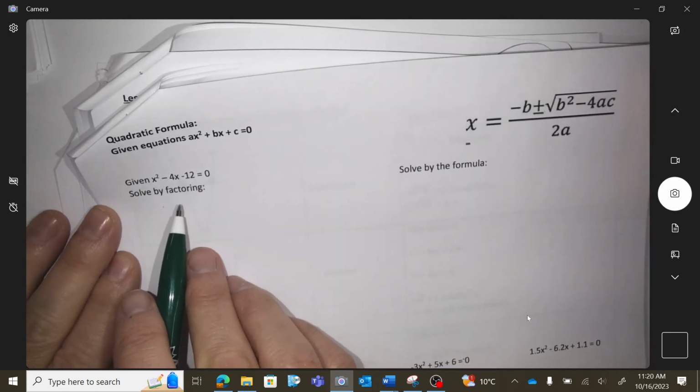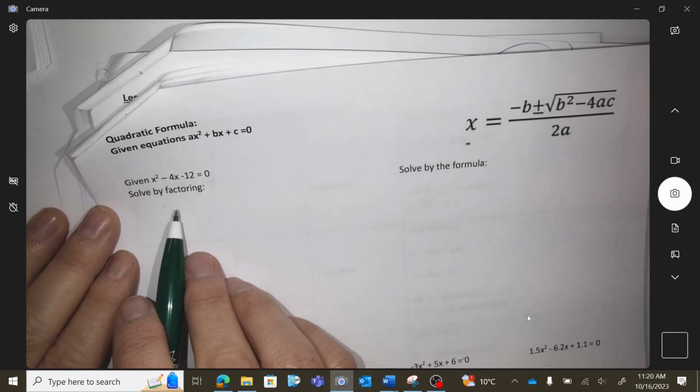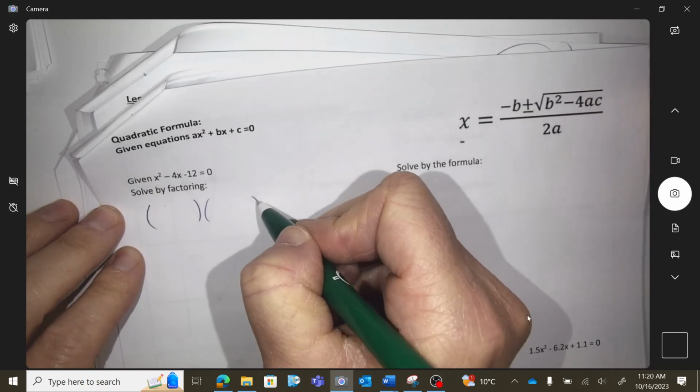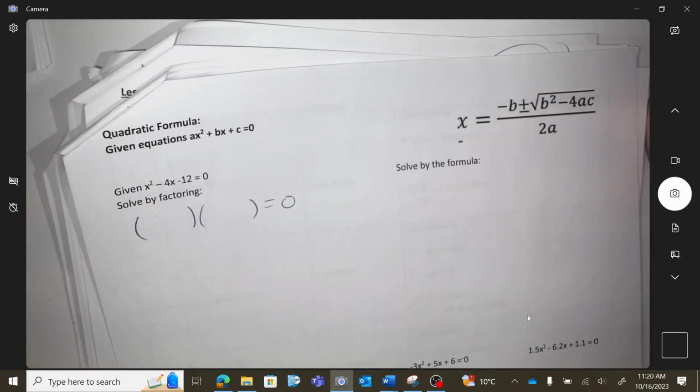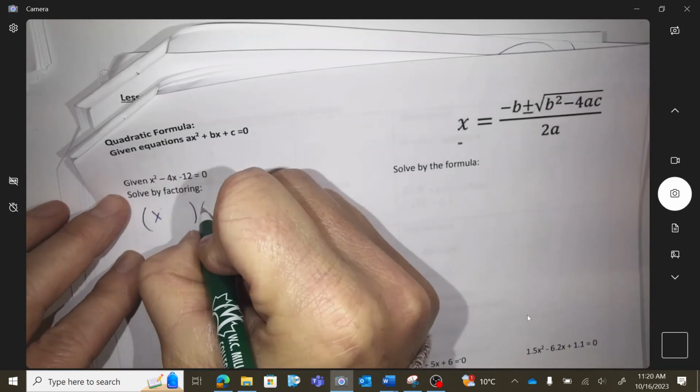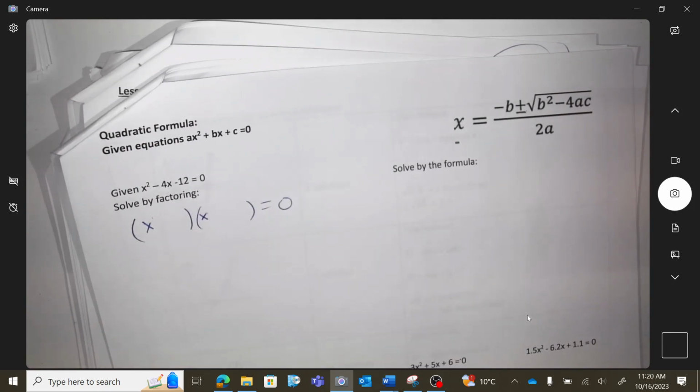Okay, so can you factor this? It is a simple trinomial. Did you already recognize the style? Simple trinomial. So the simple trinomial goes like this. X times x for the first. What multiplies to 12?